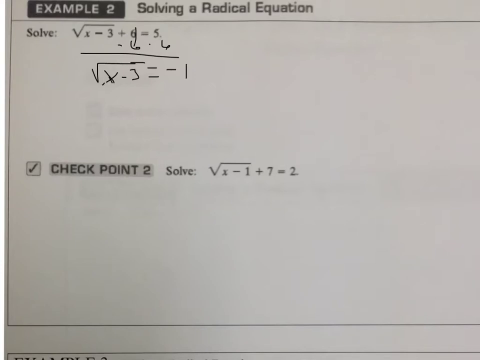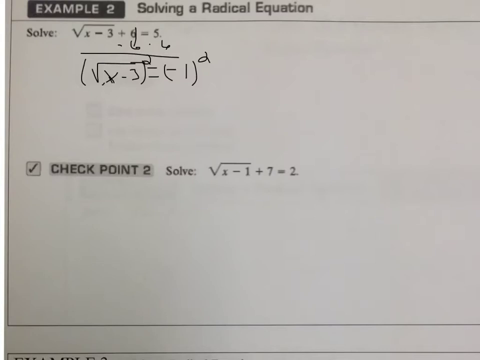Now I'm able to square and get rid of my square root. So I'm squaring the x minus 3, and I'm squaring my negative 1. I'm putting the negative 1 in parentheses because if you're punching it in a calculator, on most calculators, not all of them, that's the only way you're going to get the negative 1 to become positive like it's supposed to.